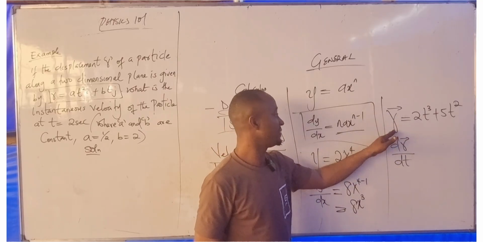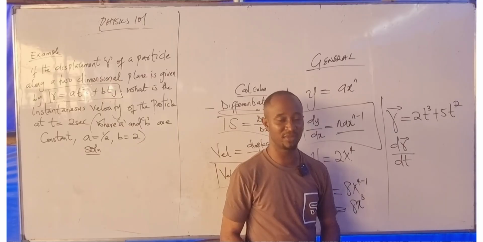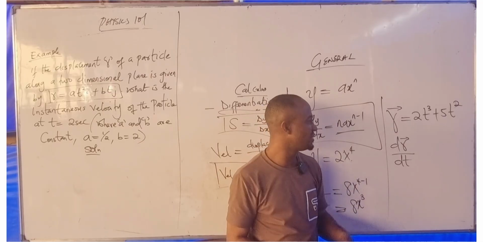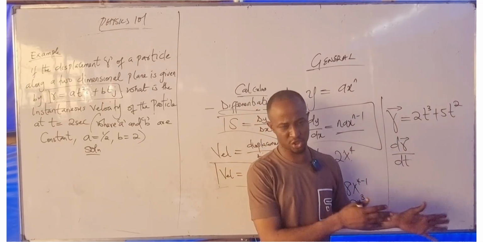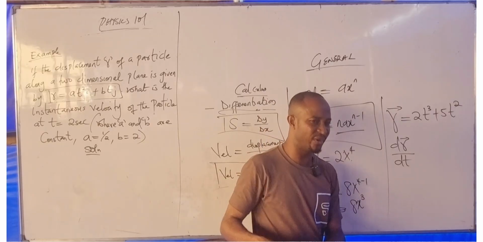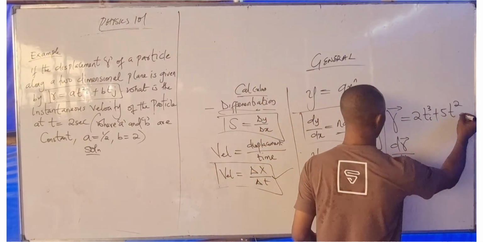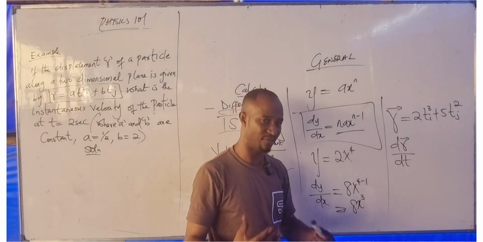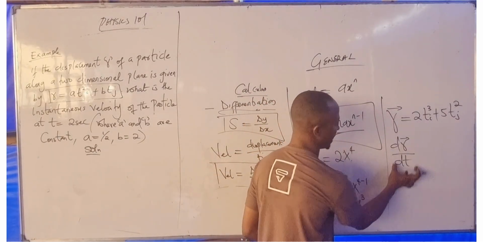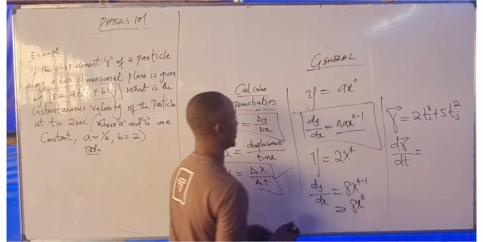In this case, we have r representing displacement, and I want to find the velocity of this two-dimensional motion. If I have i here and j here, it becomes two-dimensional motion.